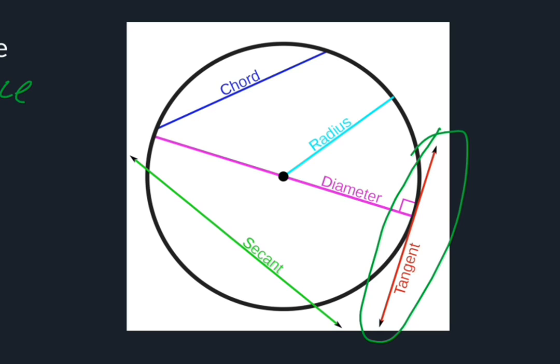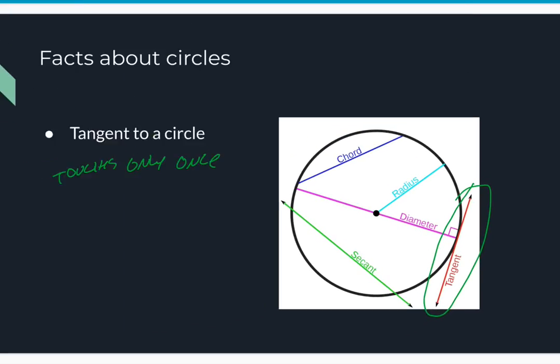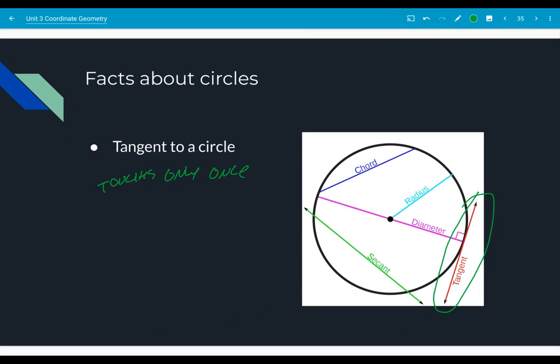The nice thing about a tangent is that the perpendicular to a tangent is the diameter. So if we draw another one, if we have a tangent over here, the perpendicular line automatically goes through the center of the circle and is a diameter.